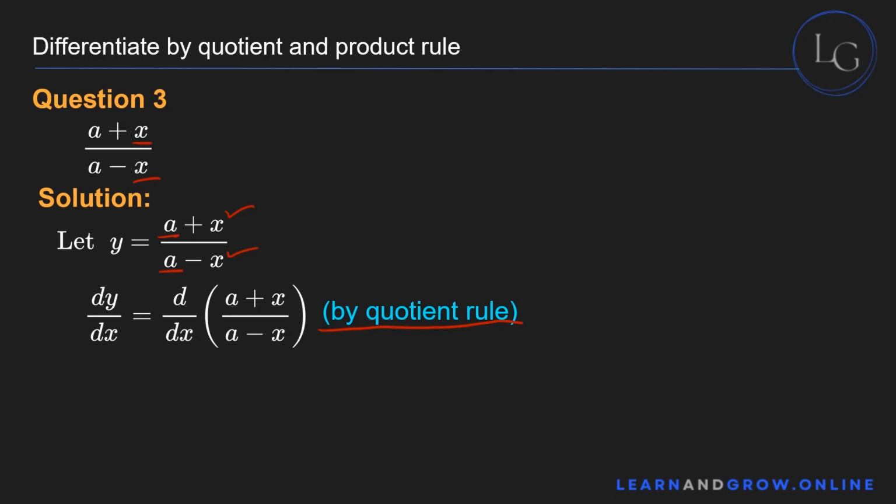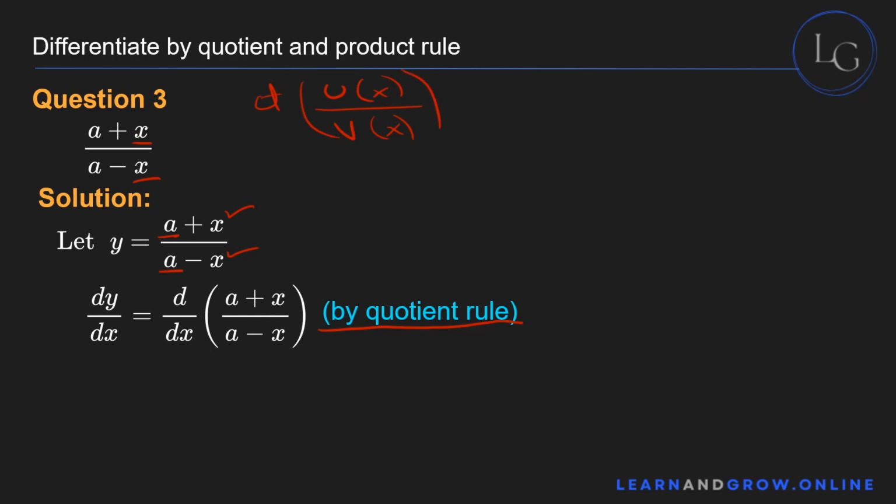And the quotient rule states that if you have, let's say, a function of x called u of x, and that is being divided by a function of x called v of x, and you have to differentiate it.